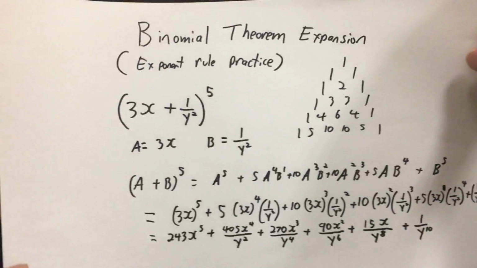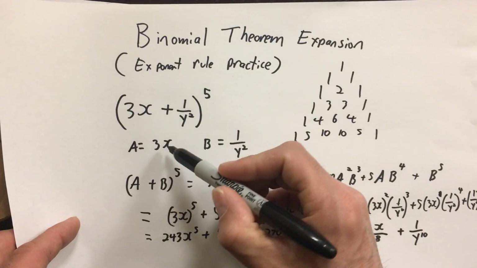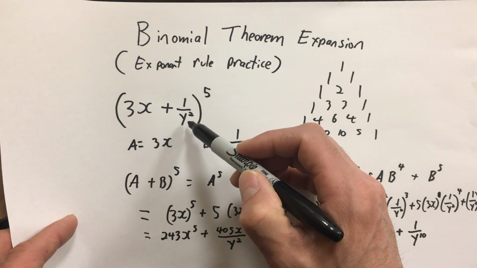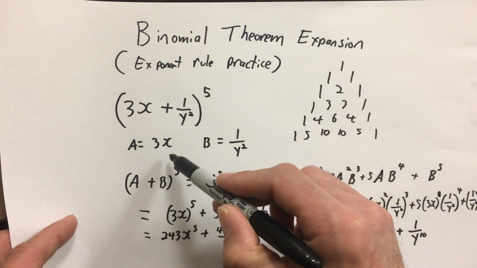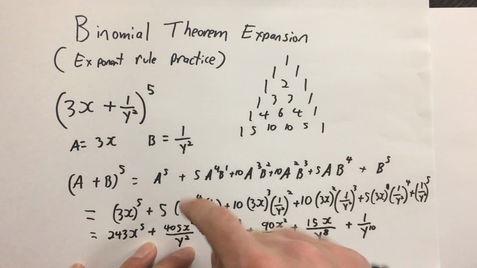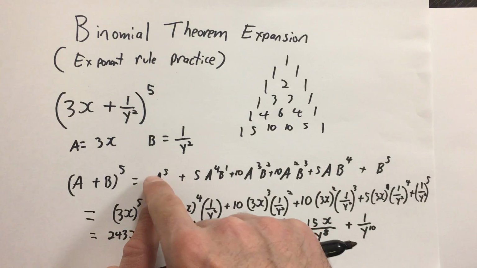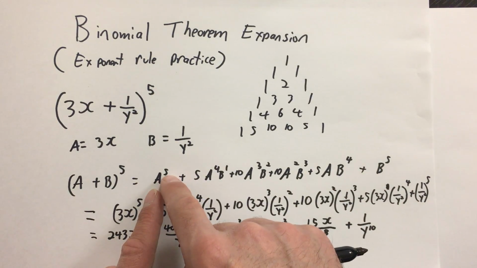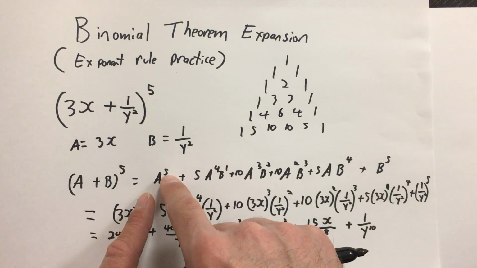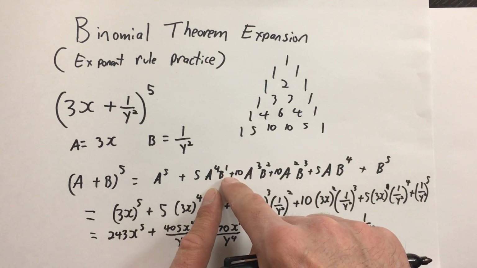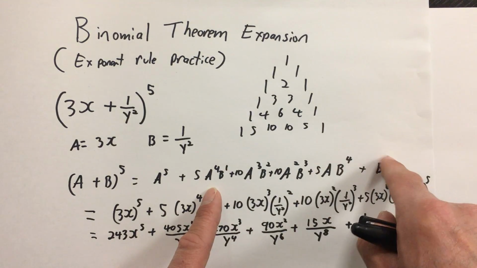We made a substitution. We cleaned this up by pulling 3x and 1 over y squared out and putting a and b in their place, and then followed the binomial theorem, which tells us to write in all of these terms together such that a's exponent is in decreasing order from 5 to 1, and b's exponents in increasing order from 1 to 5.